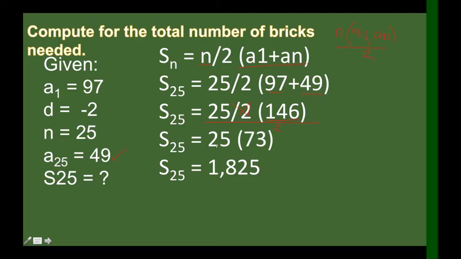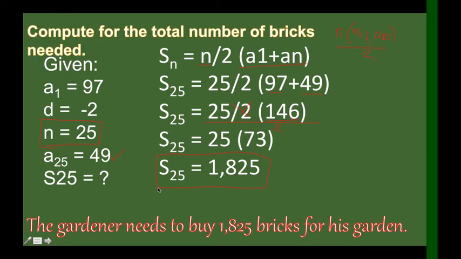And multiplied to 25, okay, our n, which is 25. So, multiplied to 25, the answer is, ayan, 1,825. So, these are the number of bricks that a gardener needs for his garden.